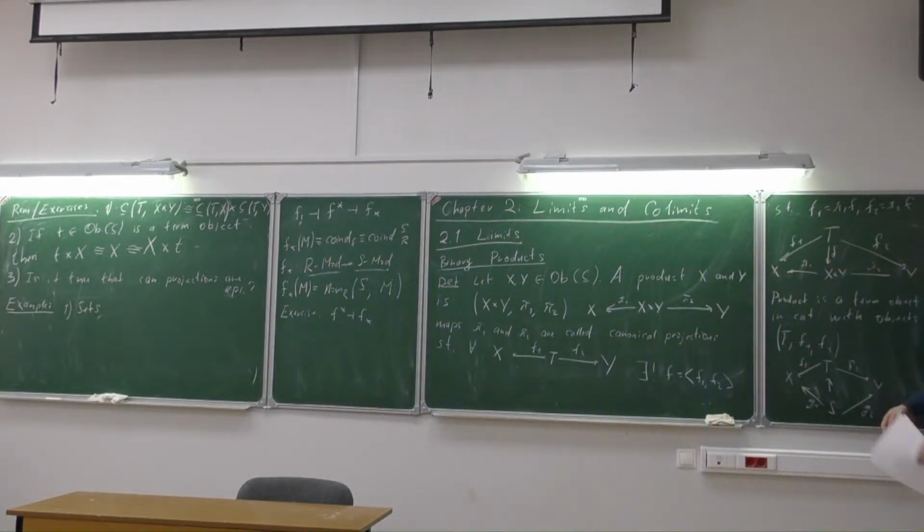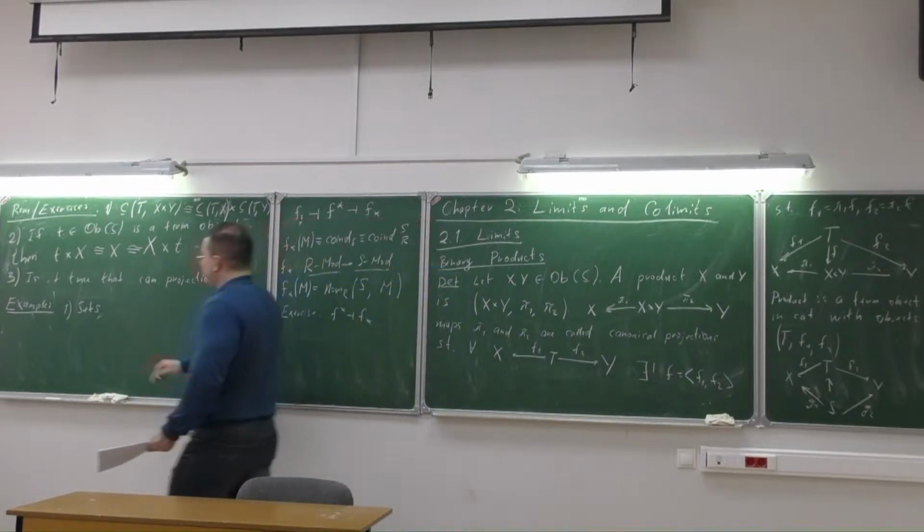If we pretend that x and y are just two sets, and this is indeed the Cartesian product, so all the ordered pairs, then whenever you have a map from another set T to x and to y, how can we define such a map to the Cartesian product? Well, we just do this component-wise. And indeed, since these two triangles are supposed to be commutative, the commutativity of this triangle automatically tells you what the first component has to be. This has to be f applied to some element from T, and the same for the second one. So this map is uniquely defined.